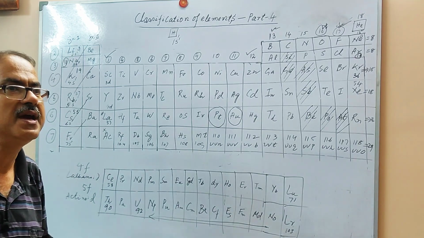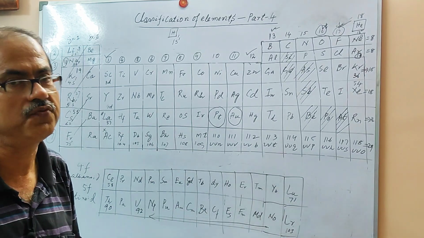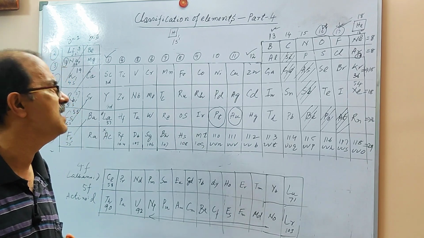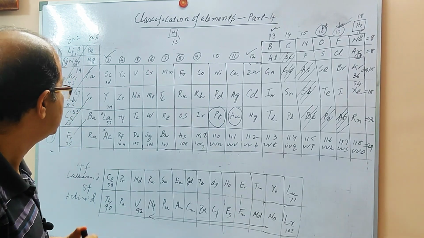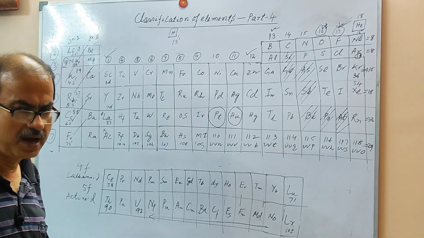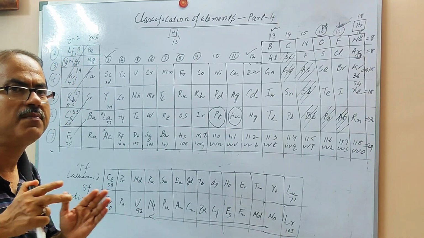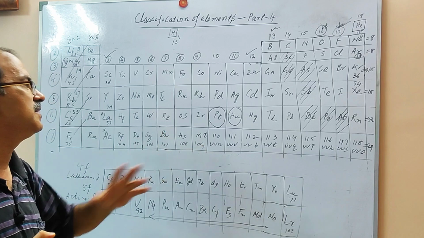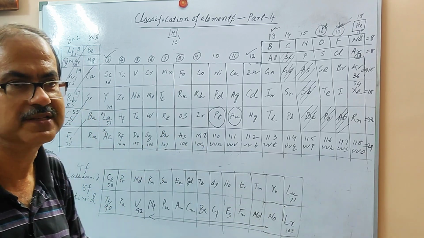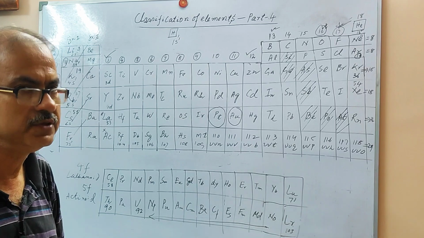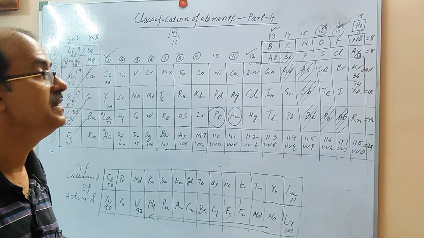In this family, the physical and chemical properties of the elements are similar. So this is the classification. Now you can see 118 elements, and the information about them can be compressed in a very simple, systematic, scientific way. Now you are able to understand the chemistry of the elements very easily.